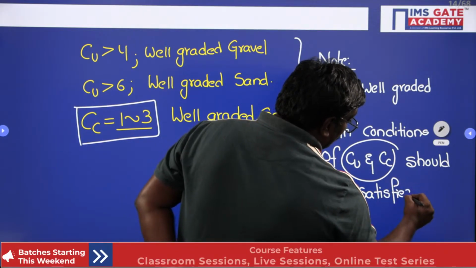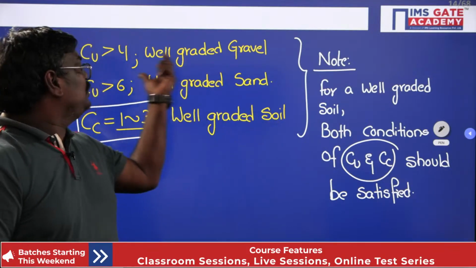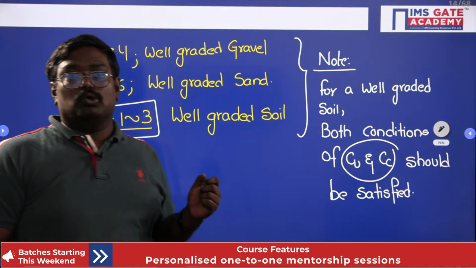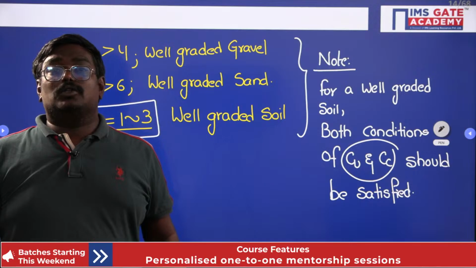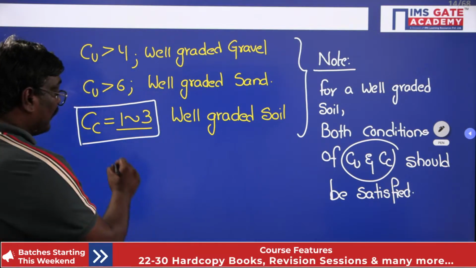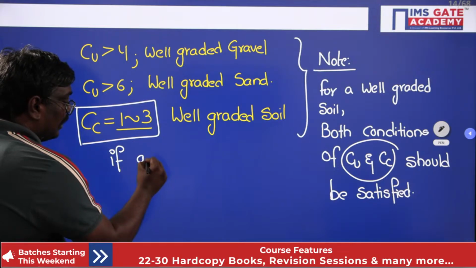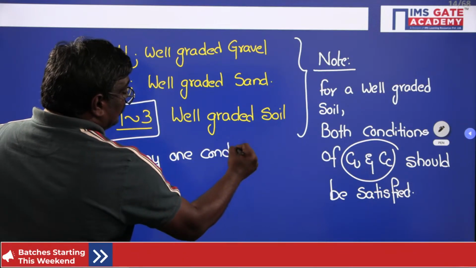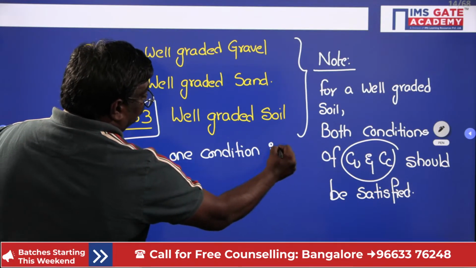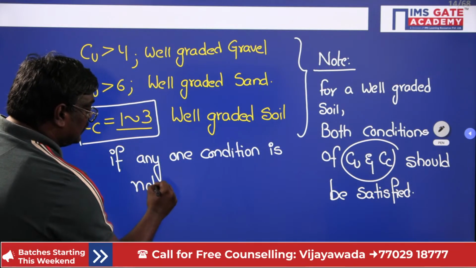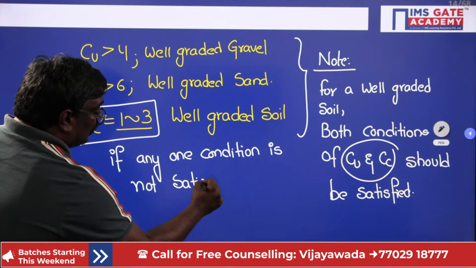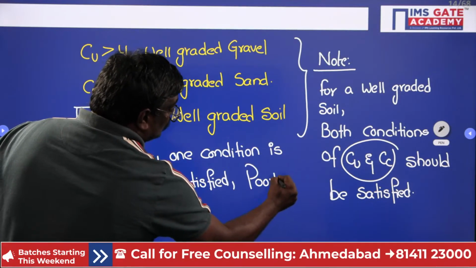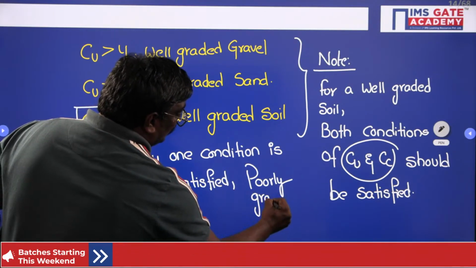Suppose, sir, you are telling Cu should be greater than 4. Suppose Cu is less than 4, but Cc is 2. If any one condition is satisfied only, then we treat it as poorly graded. If any one condition is not satisfied, then we call it poorly graded. So, my dear students, I would like to tell you one important thing.